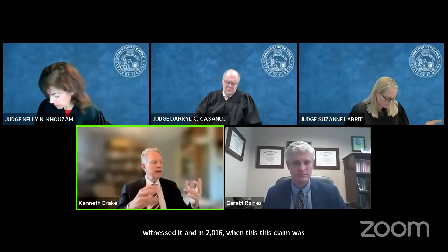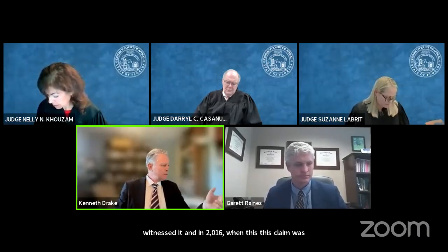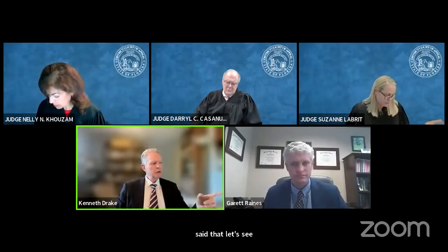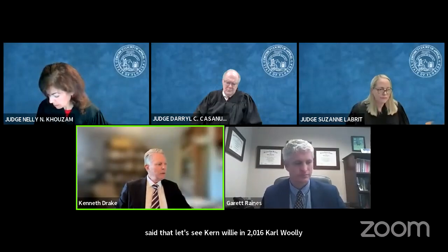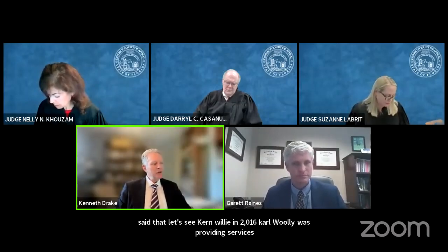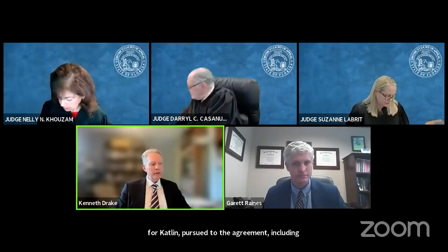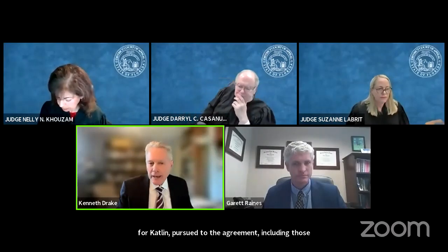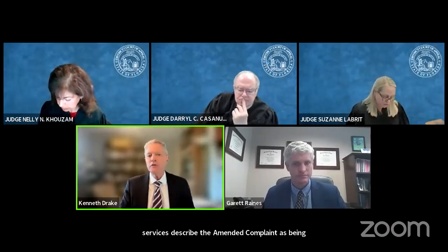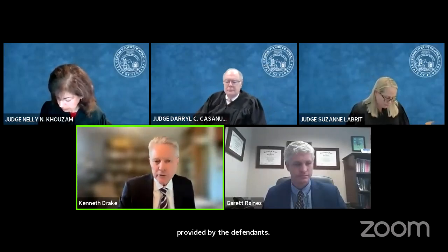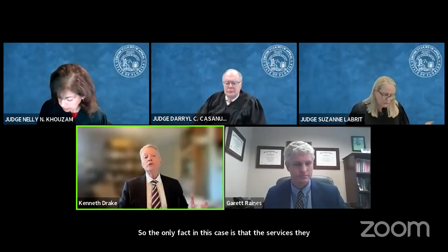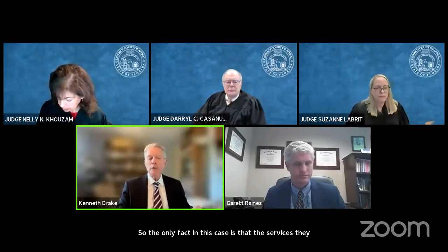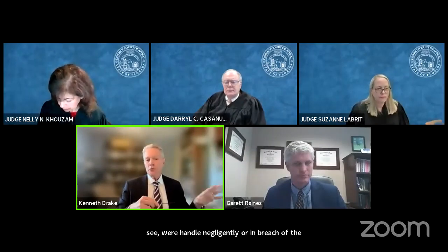She said that in 2016, Kern Woolley was providing services for Catlin pursuant to the agreement, including those services described in the amended complaint as being provided by the defendants. So the only fact in this case is that the services they say were handled negligently or in breach of the standard of care in the agreement were done pursuant to the agreement.